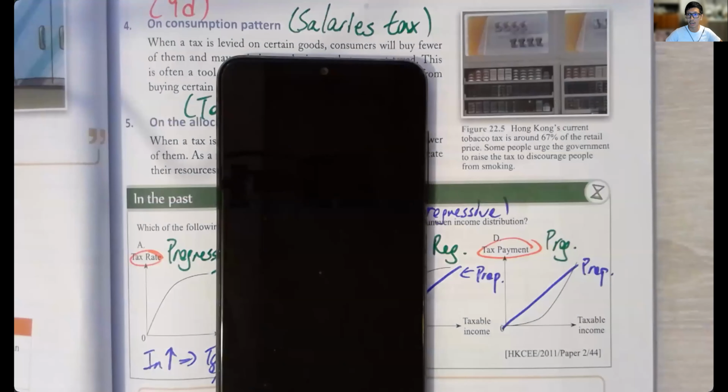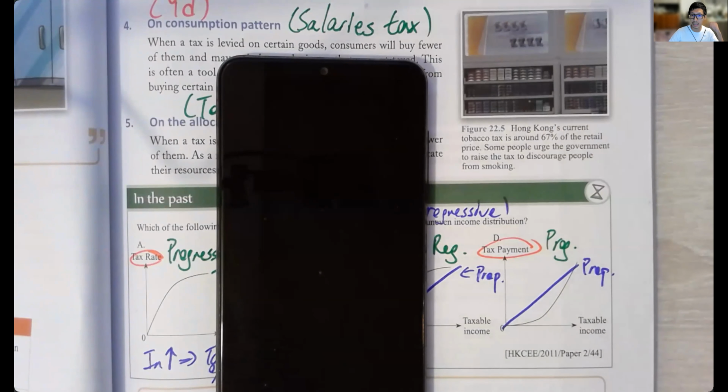Now mainly allowance, with more allowance, fewer people would pay tax. Therefore, the tax base should be narrower. Whenever there is more allowance, the tax base will be narrower, because people do not need to pay tax.